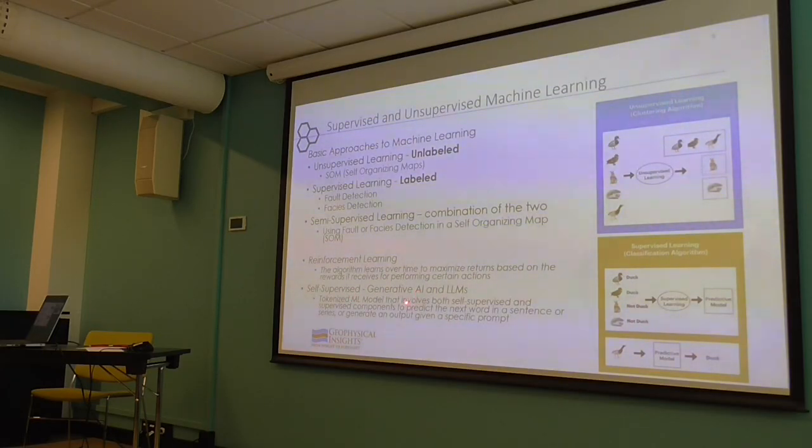And if you have the word involves, previously are those three words. So this is what you call self-supervising. Because of the nature of the data itself, it supervises itself as it trains. So because it knows the words that come before in the sequence, it can help you predict the word that comes after. All right, so this is how generative AI and LLMs work. It's something called self-supervised.